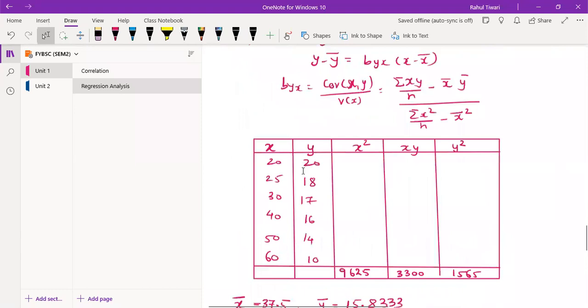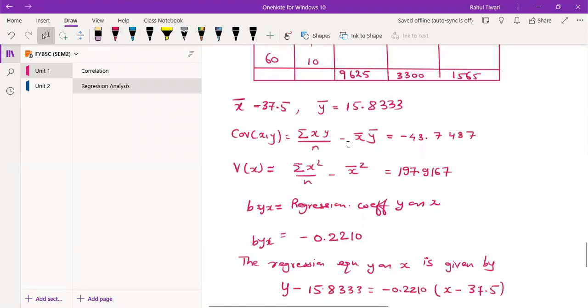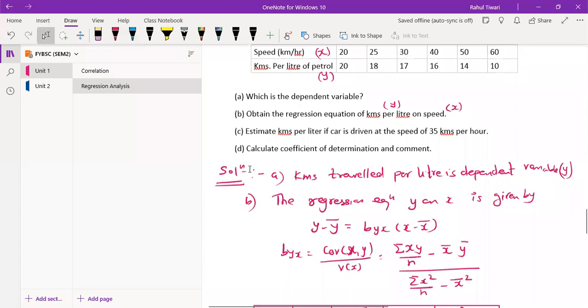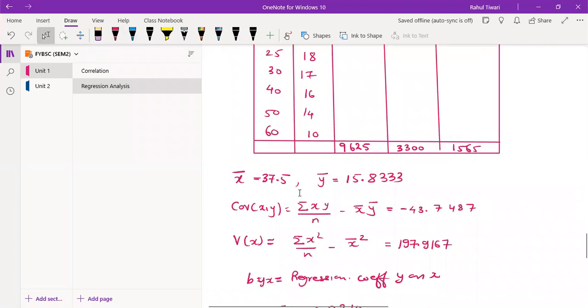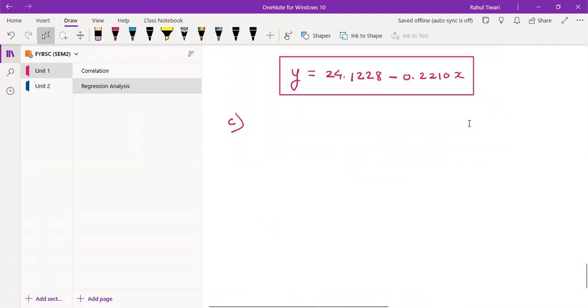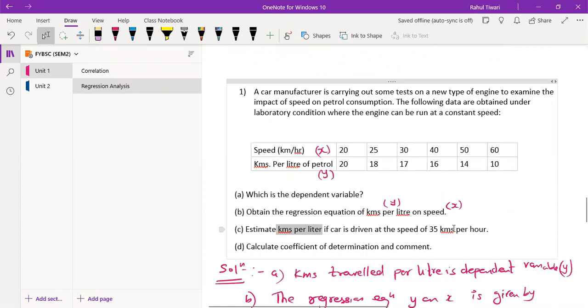What does part C say? If you look at the question, it says estimate kilometer per liter, which means you want the value of y at a speed of 32 km per hour.